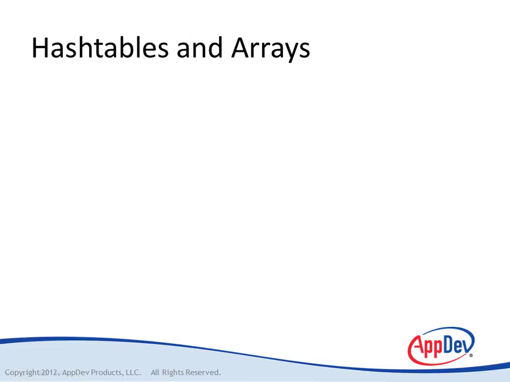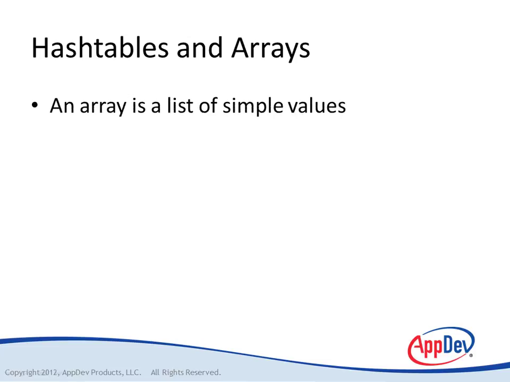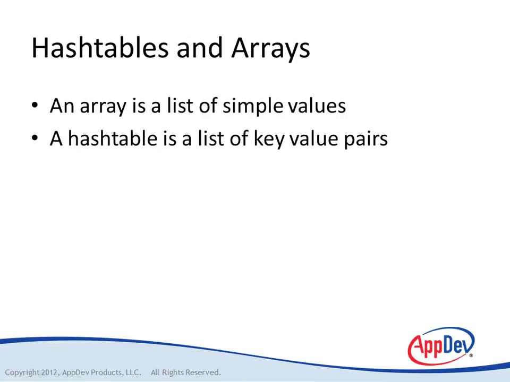Quite often our scripts deal with collections of things, and PowerShell, being based on .NET, has lots of different types of collections that you can build, but the two easiest to use and the two that you'll see most commonly are hash tables and arrays. An array is simply a list of simple values, whereas a hash table is a list of key value pairs.